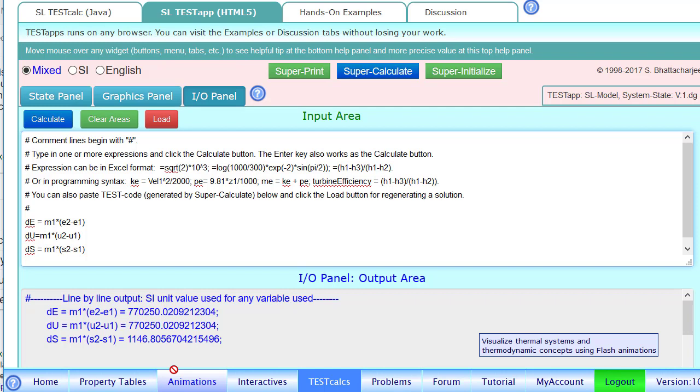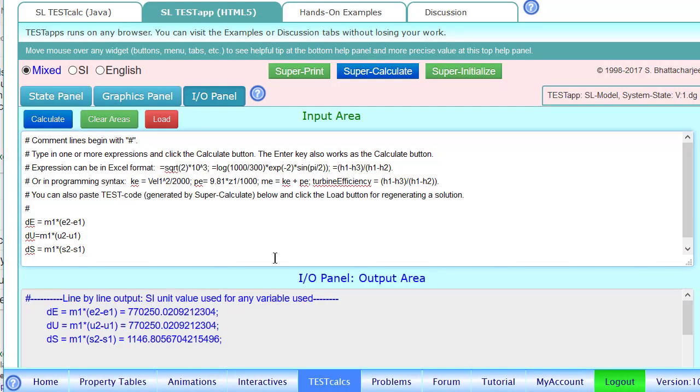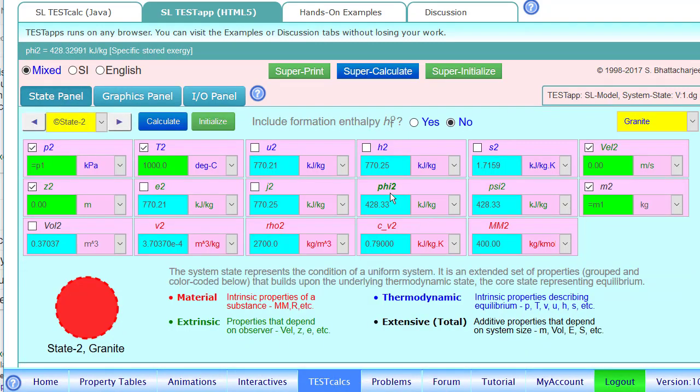1146.8 kilojoules per Kelvin. And now the last problem is asking for the change in stored exergy, which is kind of like the recoverable energy after this process happens. So it's going to be lower than the stored energy. All right, and that is given in the state panel as Phi2, which is in kilojoules per kilogram.